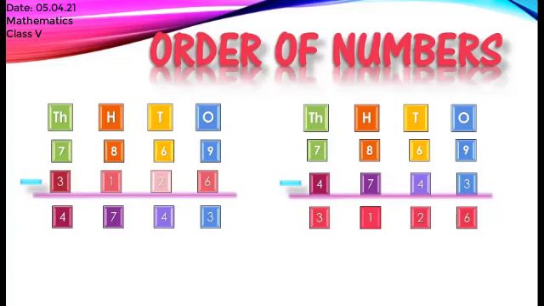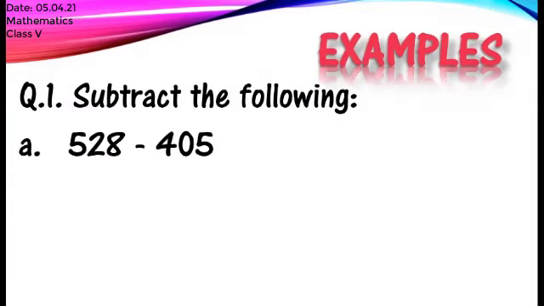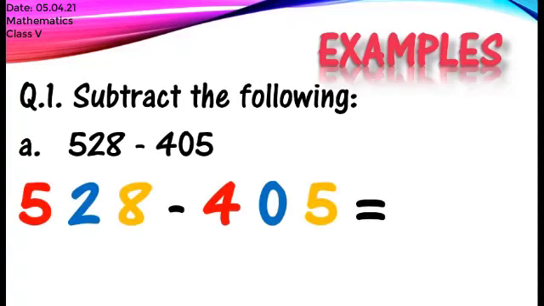Let's see some examples of it. 528 minus 405. As we can see, these are smaller numbers, so we can solve it mentally and by the rule of horizontal method also.